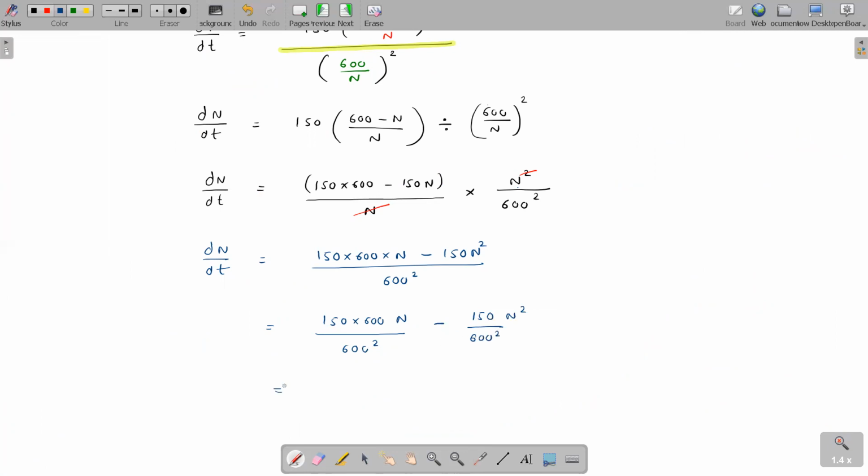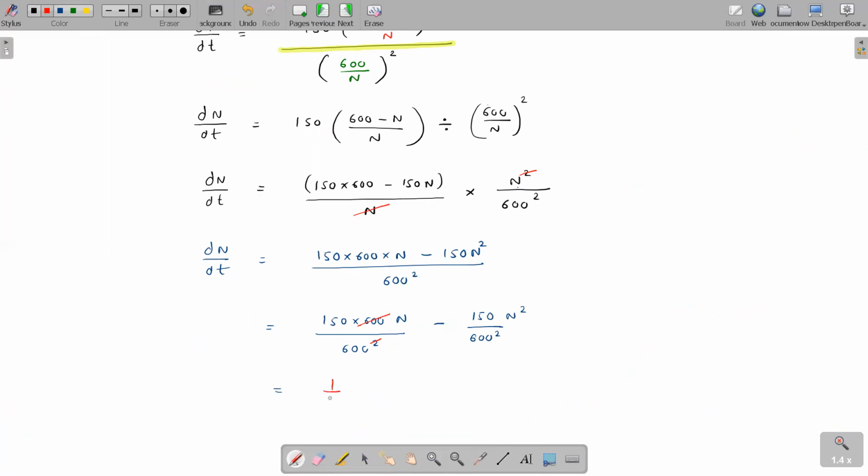So tell me what's the answer? 150 into 600 over 600 square. 600 will cancel off. 150 over 600 is, how much is it? 1 over 4.